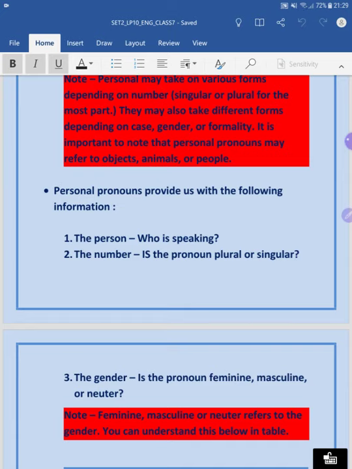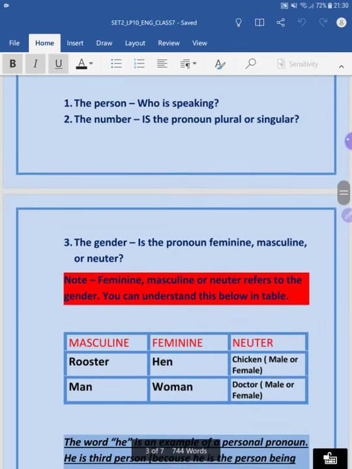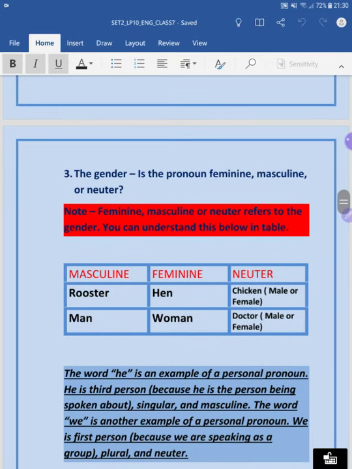So we must understand what is the feminine, masculine, and neuter. Now feminine, masculine, and neuter refers to gender. You can understand this below in this table given, like as masculine is rooster, that is the male hen, and feminine is hen.